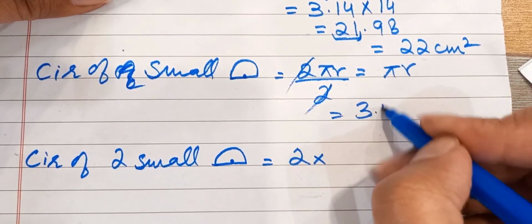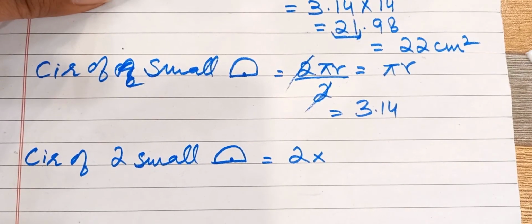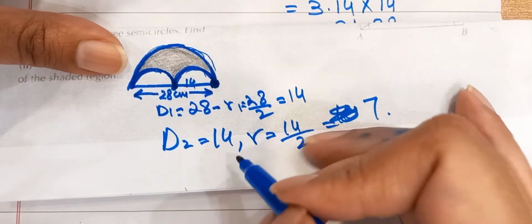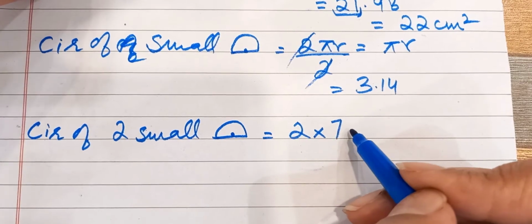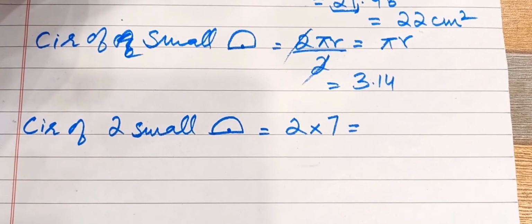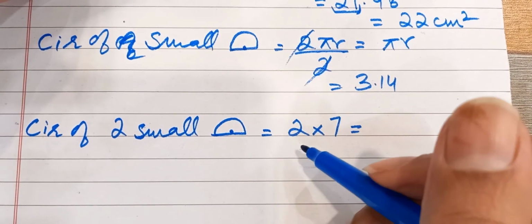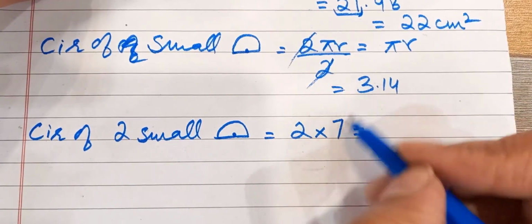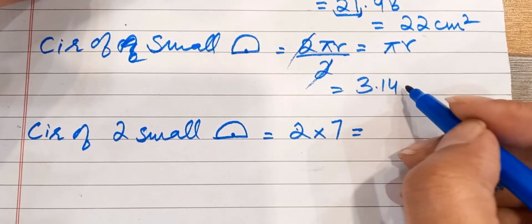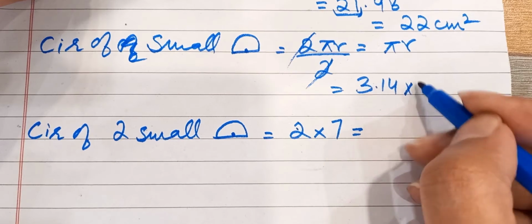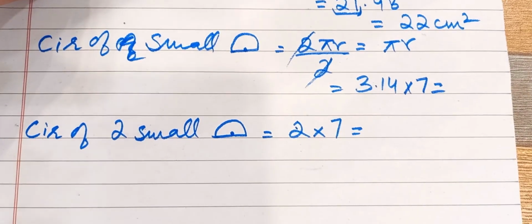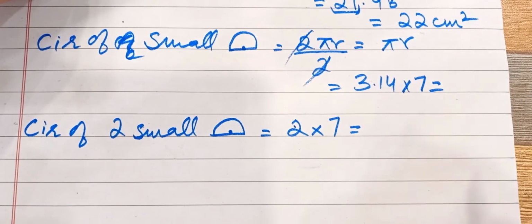Pi is 3.14 and for the smaller semicircle, the radius is 7.